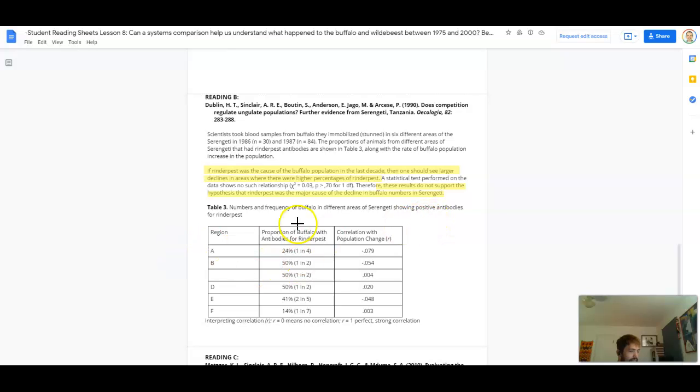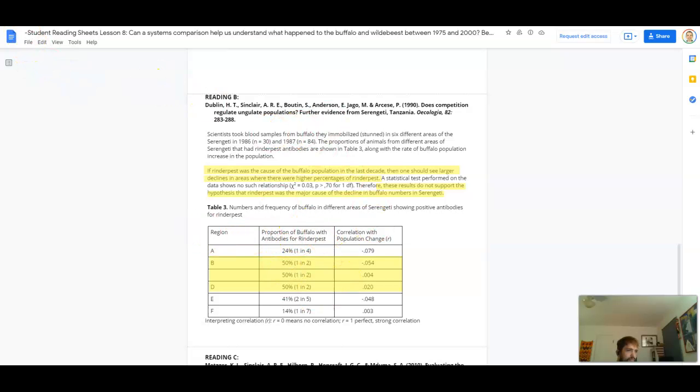And then Table 3 here, we have the numbers and frequency of buffalo in different areas of Serengeti showing positive antibodies for rinderpest. So you can kind of see here, these had the highest percentages, yet only one of them had shrunk in size. So the groups with the highest population didn't necessarily shrink in size. So make note of that.